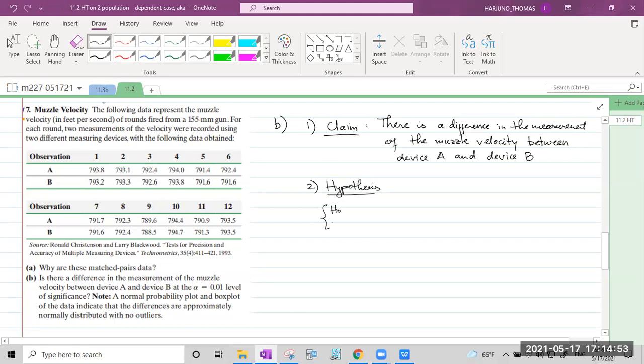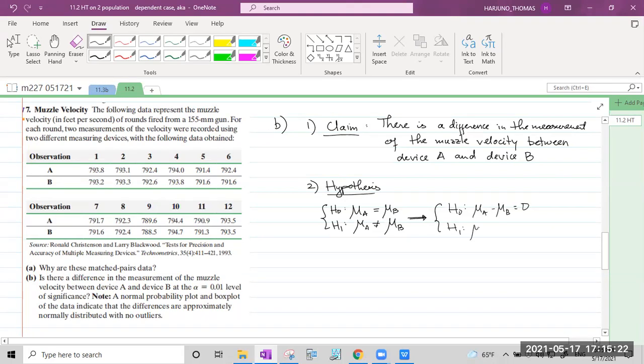Step 2, hypothesis. Null hypothesis, alternate hypothesis. So mu A is not equal to mu B, right? Because difference, they are different. Mu A equal to mu B. But we don't have a constant on one side, so we need to subtract. Mu A minus mu B equals 0 for the null hypothesis.